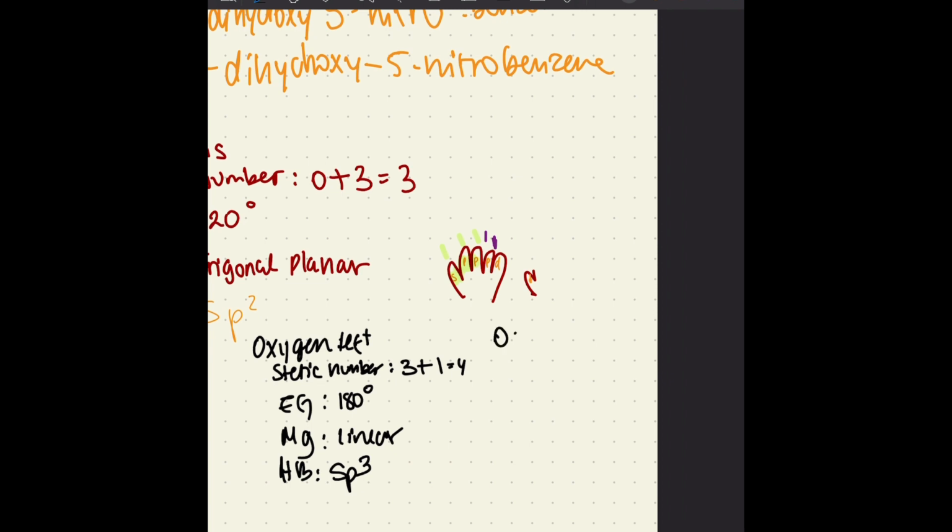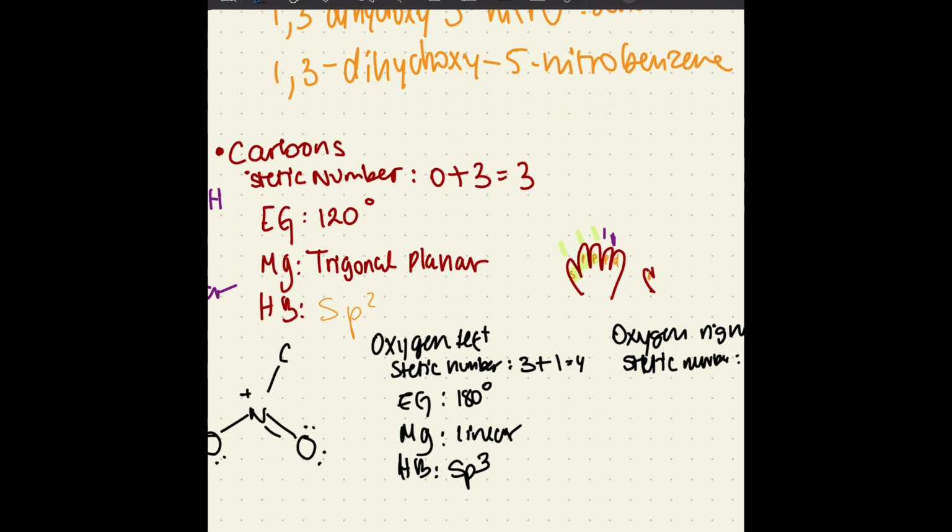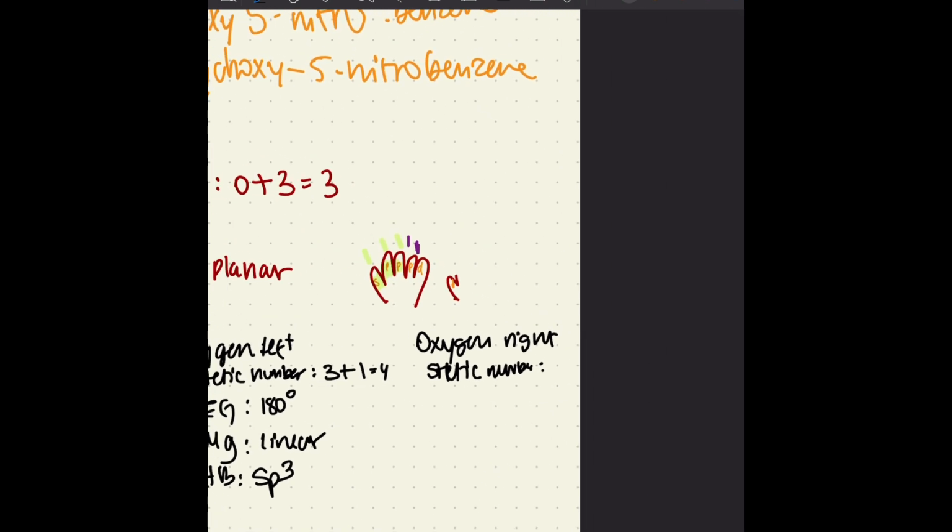Now moving on to the oxygen on the right, we calculate the steric number. As you can see, that oxygen on the right has 2 lone pairs and it's bonded to 1 atom. So it's going to be 2 plus 1, which is 3. The steric number is 3. For the electron geometry and molecular geometry, it's steric number 3 with 2 lone pairs.